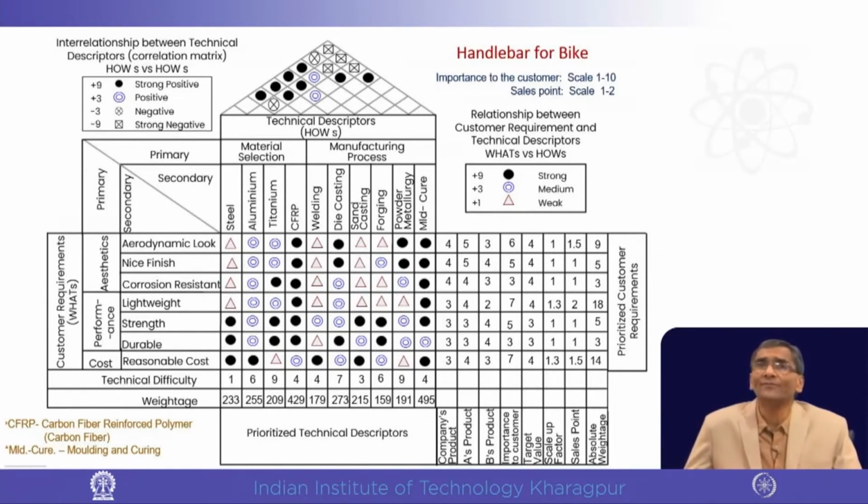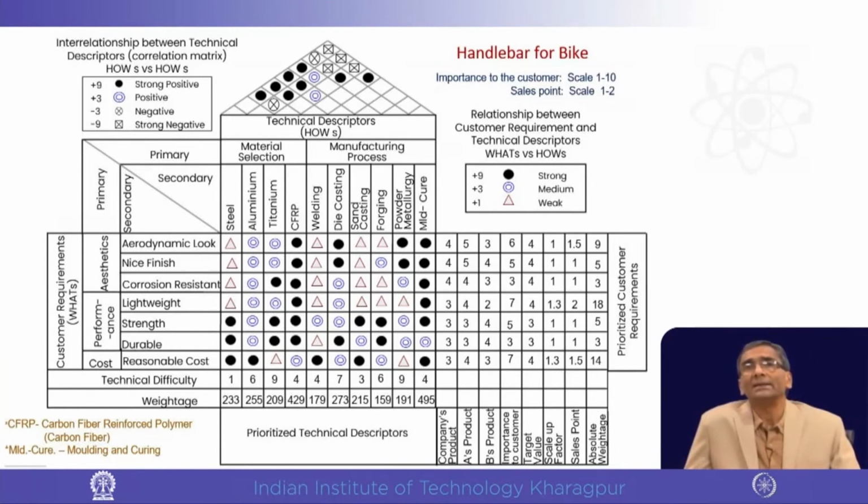With digits, we cannot visualize the distribution of the intersection characteristics, how the requirements are connected to the technical descriptors. That comes very clear with the use of symbols. So, we use the symbols first and then we will convert them into numerical values.